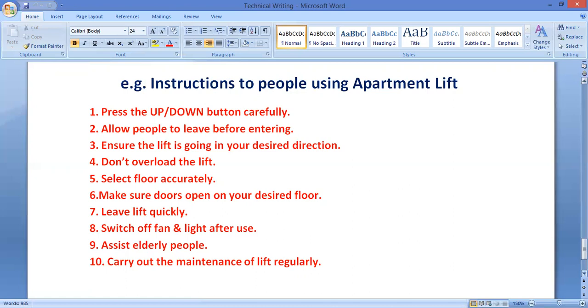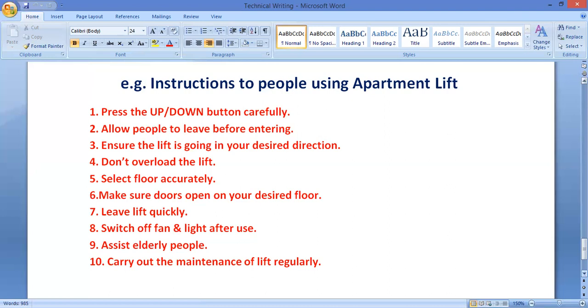So likewise, you can write the instructions for how to use an ATM, or for how students can work in the workshop, right? So this is also an example of technical writing.